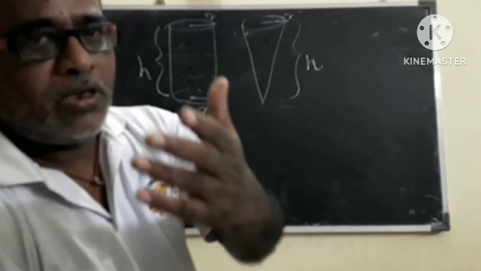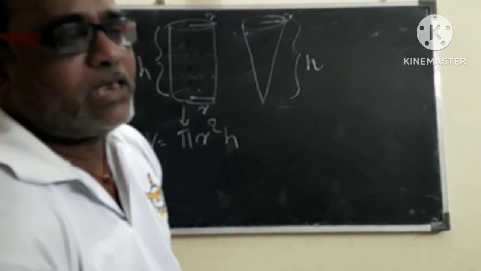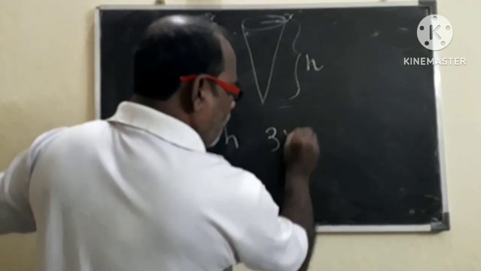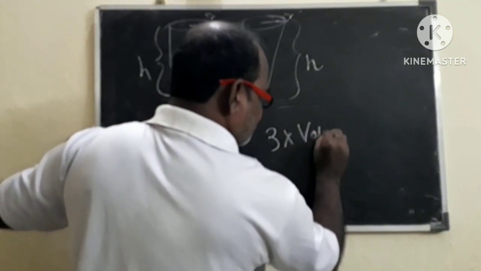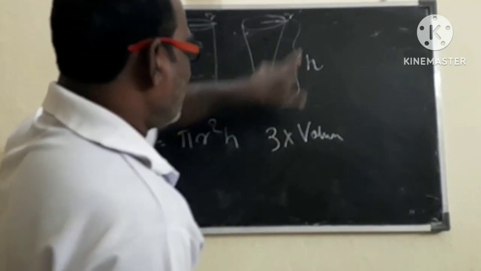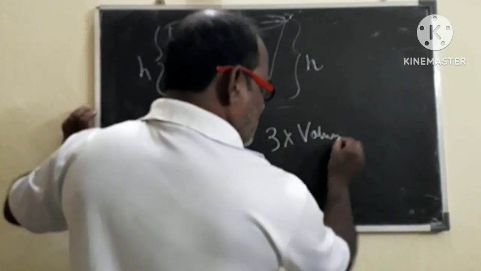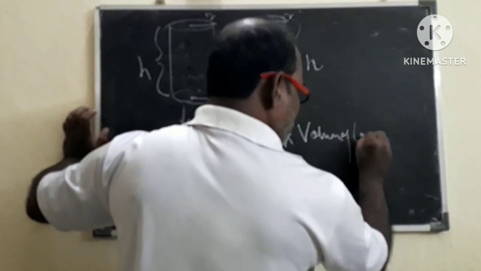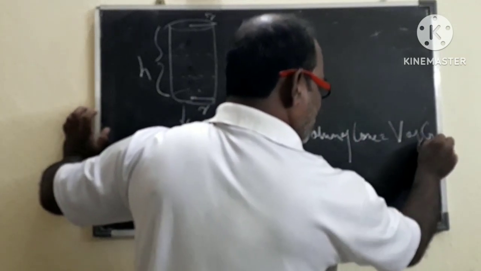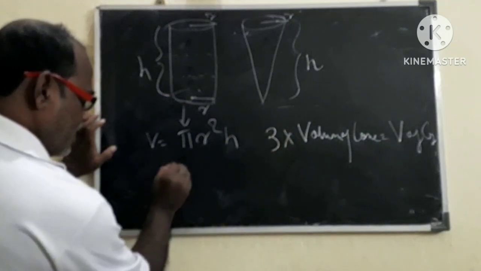That means what have we learned from this activity? We have learned that 3 times the volume of the cone, having the same radius and the same height as the cylinder, is equal to the volume of the cylinder.